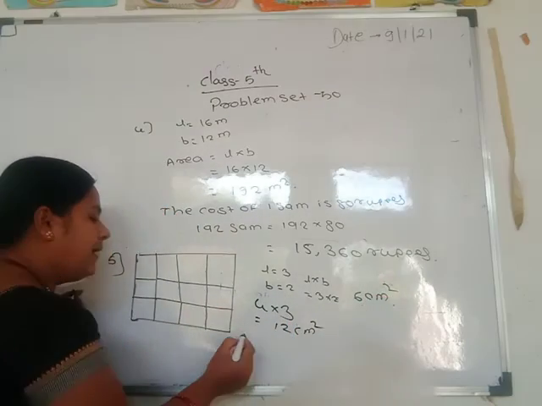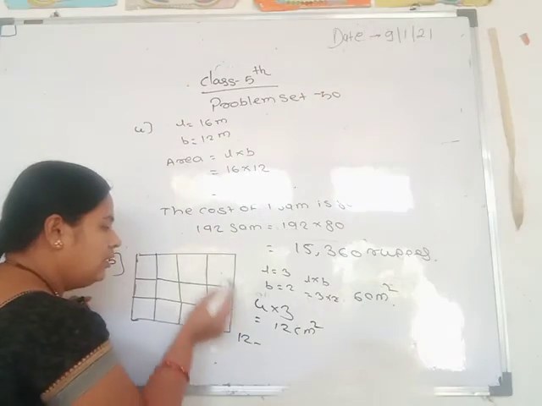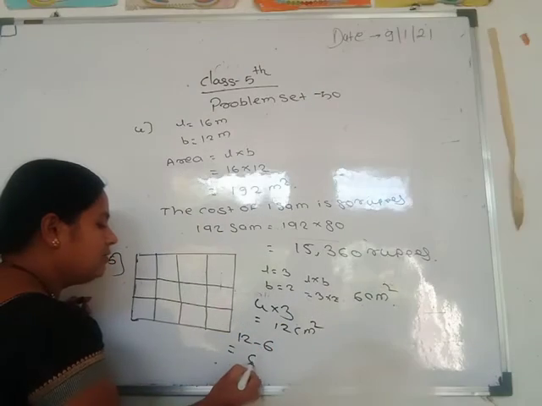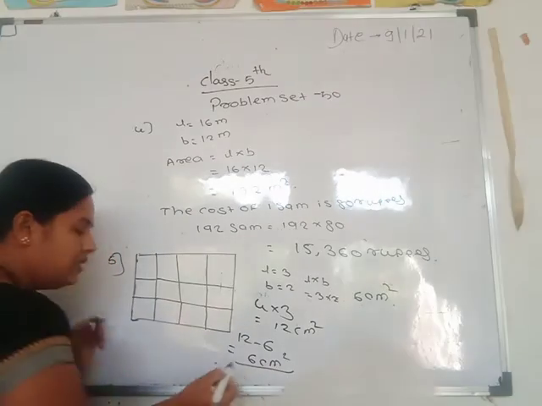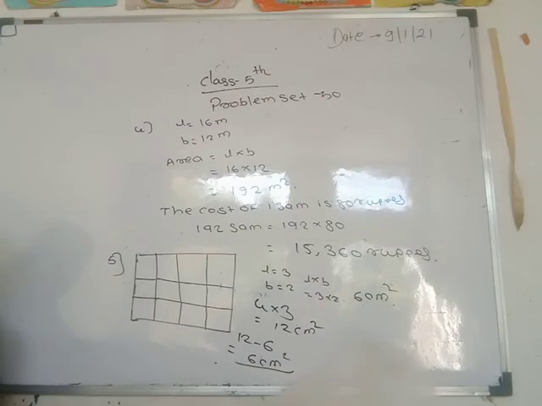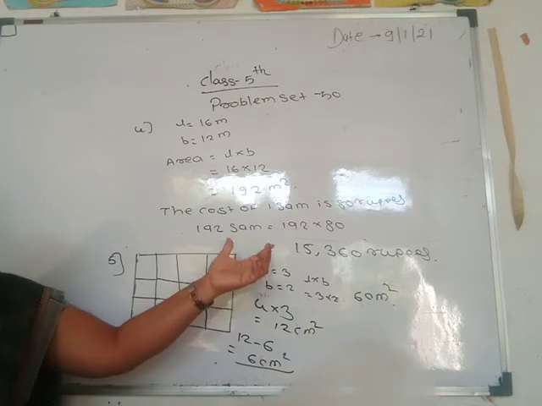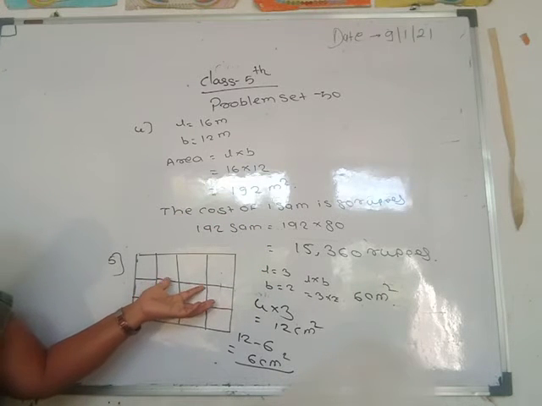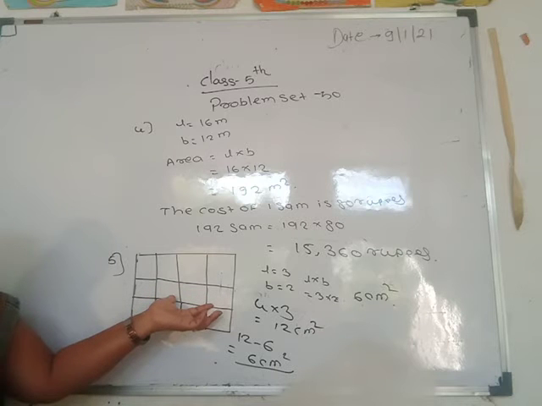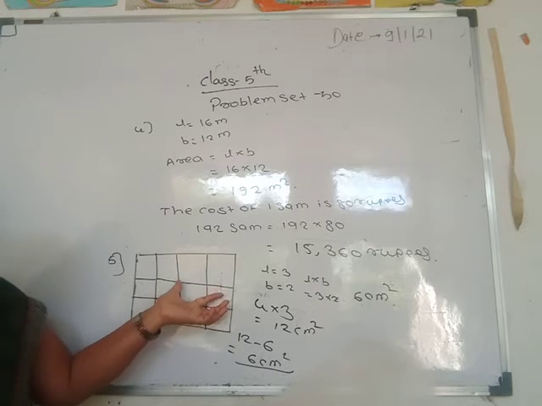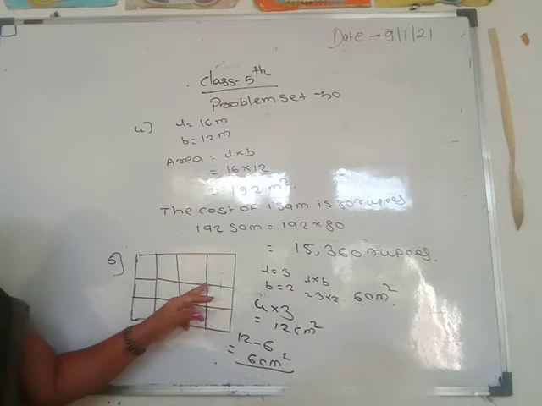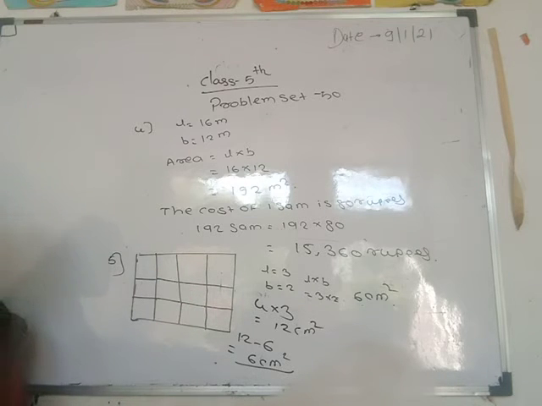Then you do 12 minus 6, the area of this rectangle, the remaining is 12 minus 6 equal to 6 centimeter square. Then below the answer: 6 squares will fit in the empty space in the figure. Here 6 squares. See here 1, 2, 3 and these 2, 3 twos are 6. Then one more question remains.